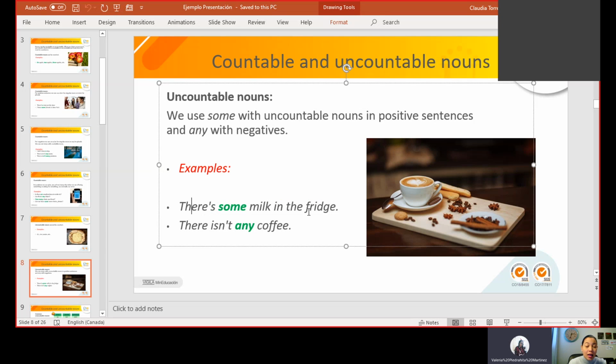With uncountable nouns, you use there is, unless you are using a quantifier. It's the only way. And there is some oil in the kitchen. Yeah, good. And there isn't any sugar. Yeah, well done.